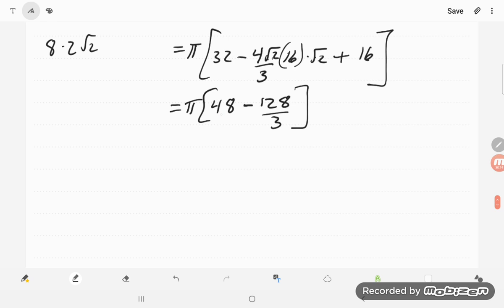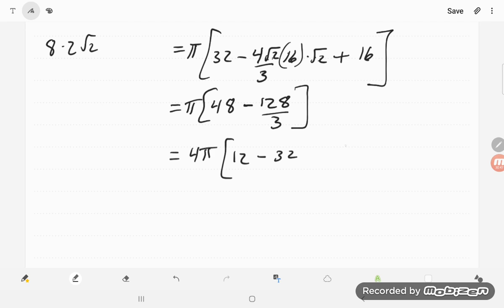Okay, well, the nice part is again that 48 is just 1/3 of 128. So, if I factor out the, no, it can't be 1/3 of, what am I saying? I don't know what I'm talking about. Okay, but we can take out a 4. So 4 pi, and I see a 12 minus 32.